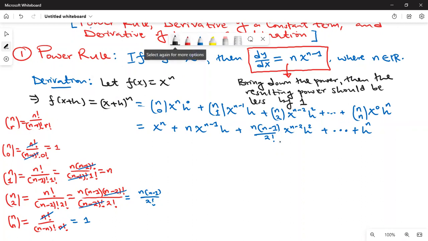So the next thing is to get the difference of f of x and f of x plus h.